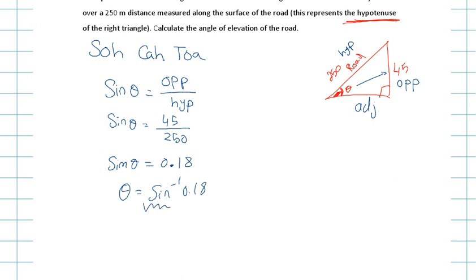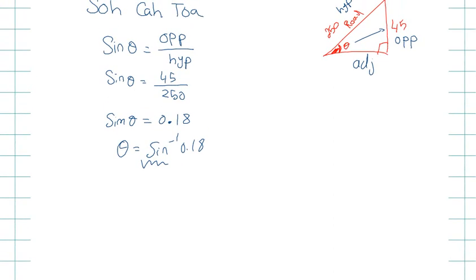Starts with an I. Inverse. I'm doing sine inverse. So what's sine inverse of 0.18? It's 10 degrees. Remember, angles should be to the nearest degree.